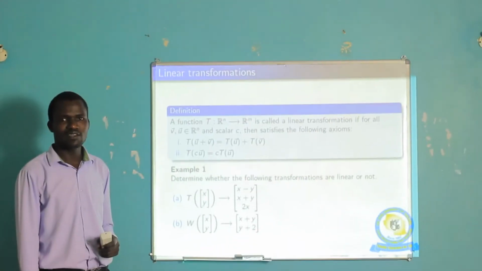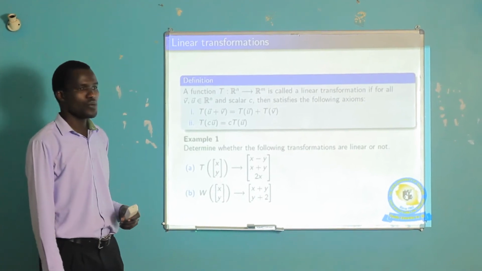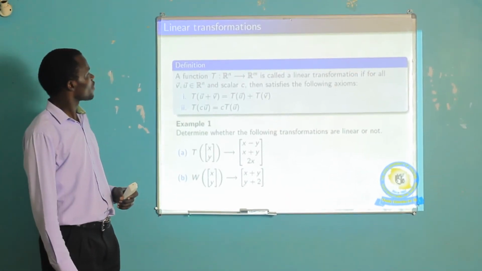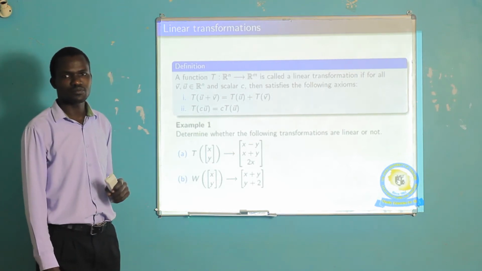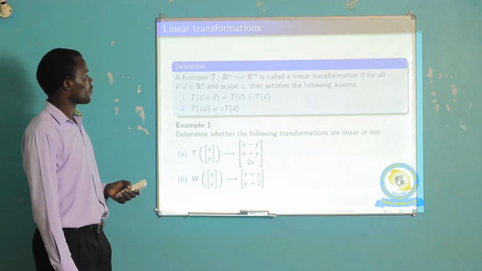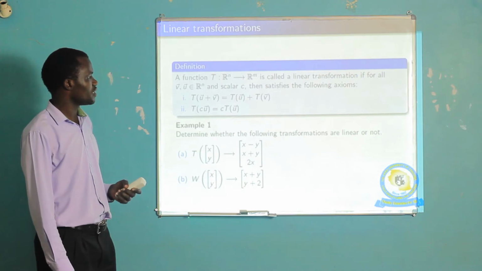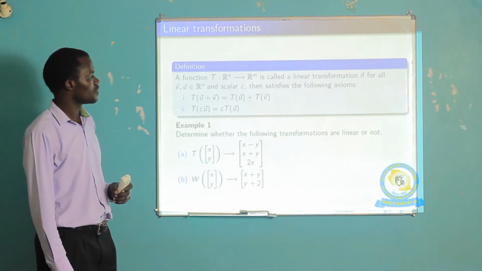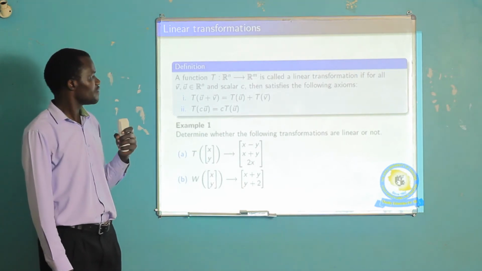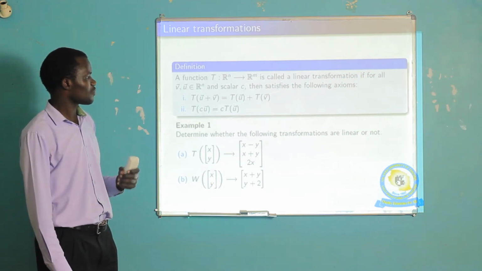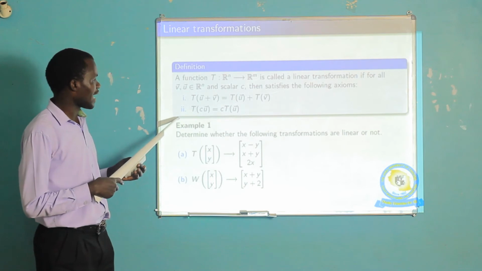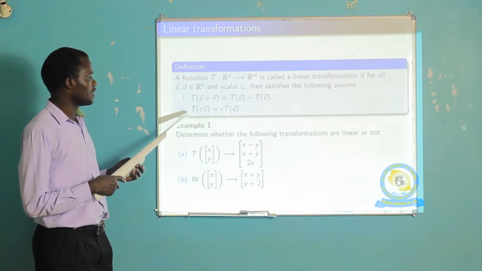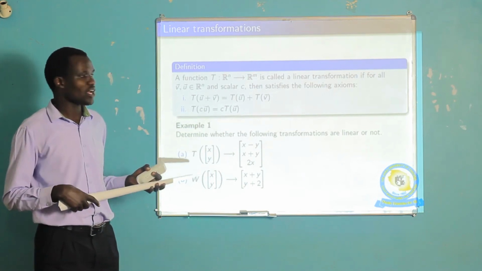Okay, my dear students, let's continue with the next subtopic, called linear transformations. What is a linear transformation? By definition, it is a mapping from one vector space to another vector space that satisfies these two axioms, where C is any real number.